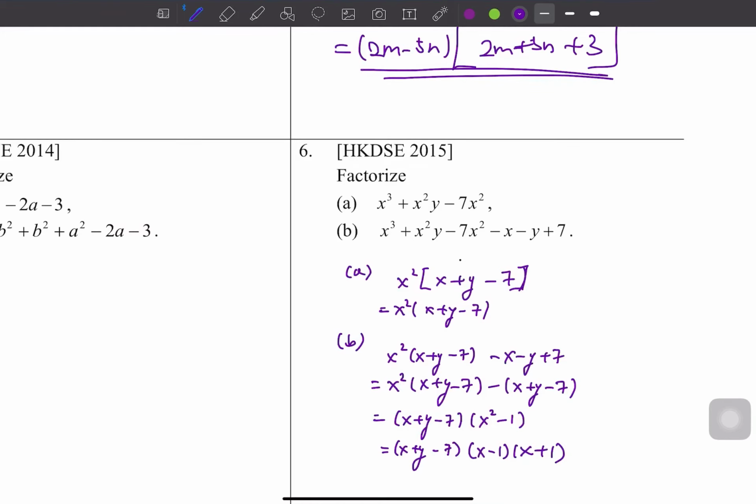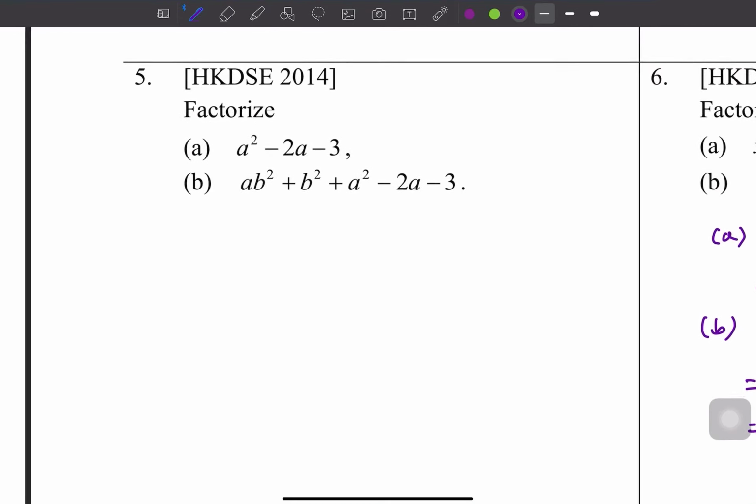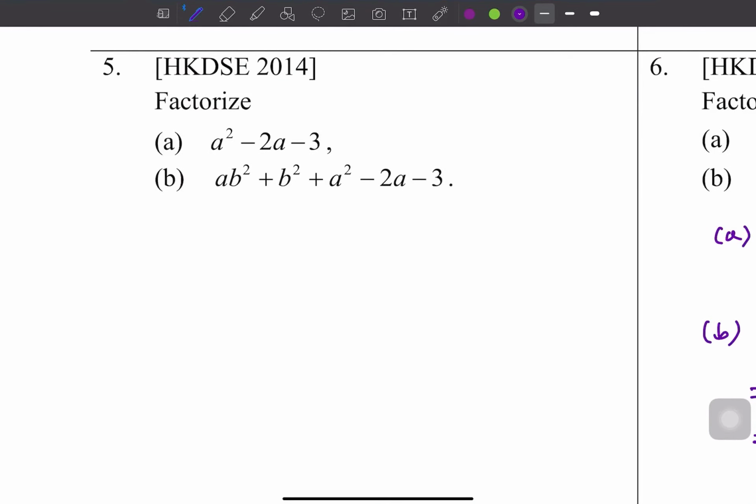The last question I want to demonstrate is question DSE 2014. We have 3 terms. We cannot find any common factor, so maybe identity. But can you see 3 is not a perfect square, so it cannot change to b squared, so it must be the box method. This thinking is very important.